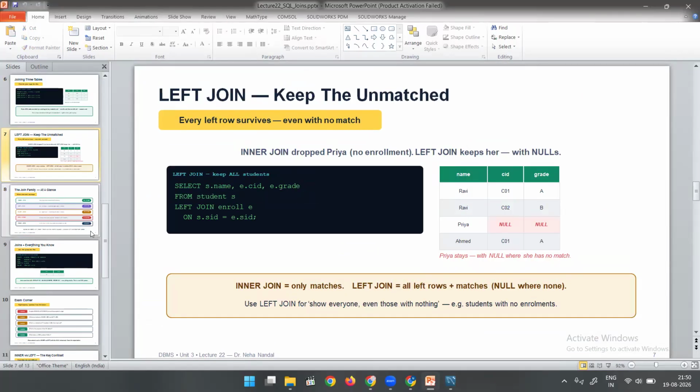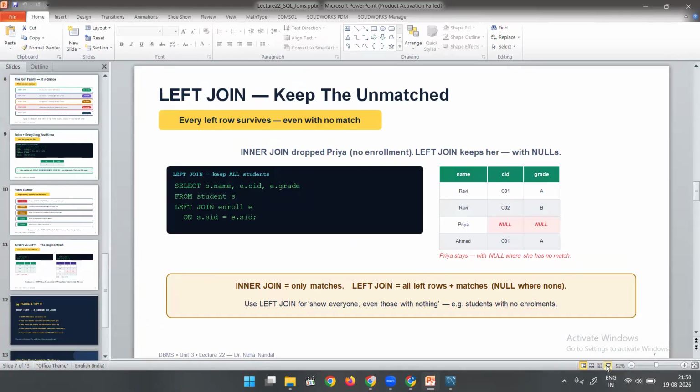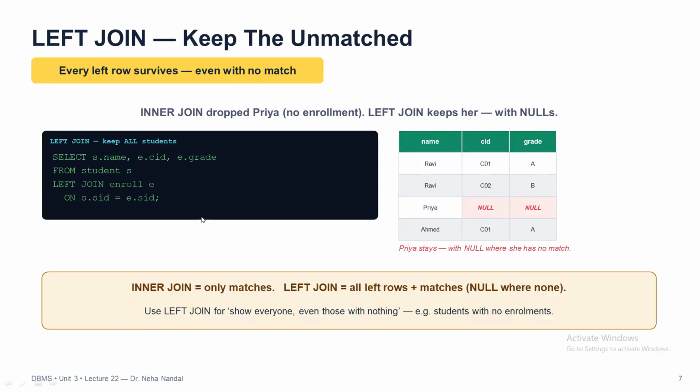The next type of join is left join. So left join means it works like your set. It will display the left side. If you give the left join, every left row will survive even with no match.